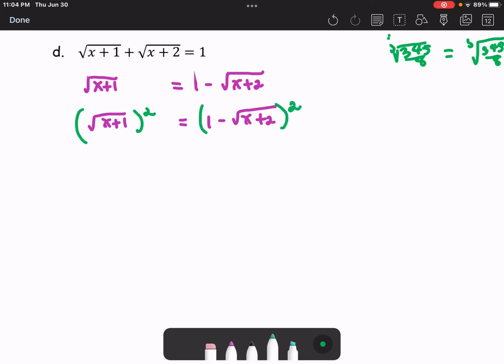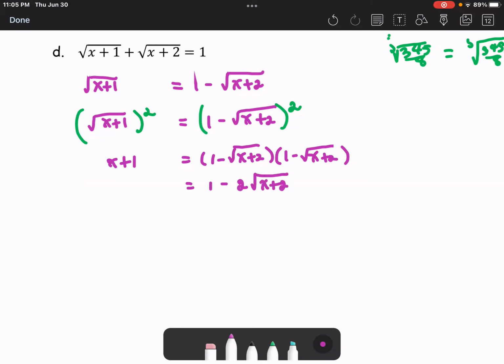The left hand side, the radical is gone, becomes x plus 1, where the right hand side, we have to do the perfect square. That means this is the same as the quantity 1 minus square root of x plus 2 times the quantity 1 minus square root of x plus 2, and then expand this out to be 1 minus 2 times square root of x plus 2, and then added by the quantity x plus 2 equals the left hand side expression, or x plus 1.